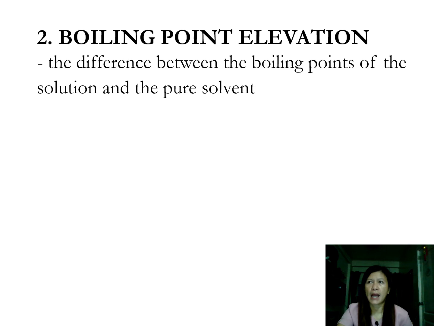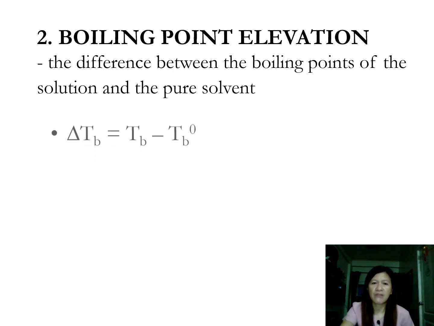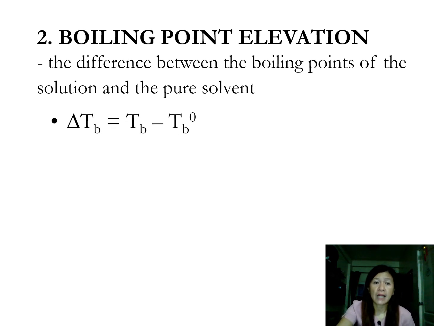If earlier we had vapor pressure lowering as the difference between the vapor pressure of the pure substance and the vapor pressure of the solution, this time we have the equation delta T sub B, the symbol we use to denote boiling point elevation. Delta T sub B is equal to the boiling point of the solution minus the boiling point of the pure solvent.